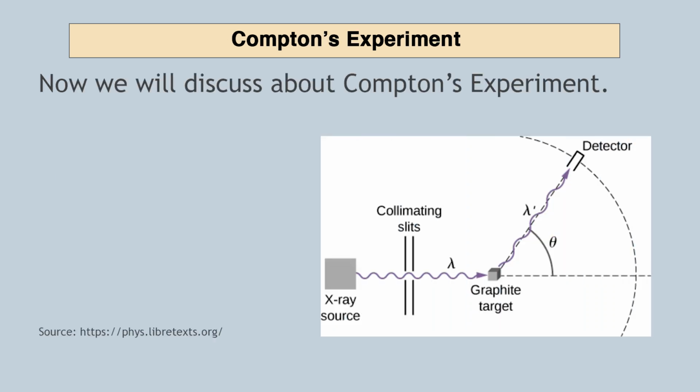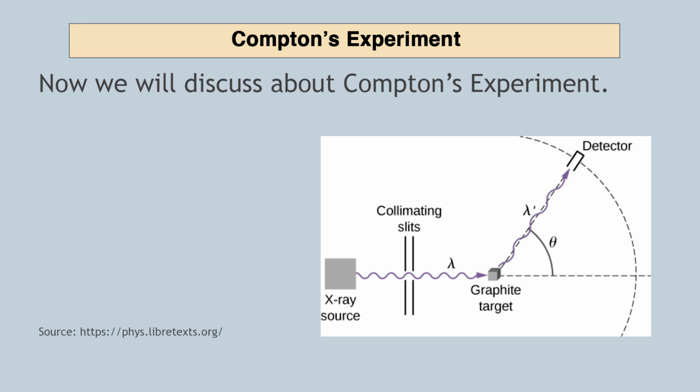Now we will discuss the Compton experiment. The schematic of Compton's experiment setup is shown in the figure. The idea of the experiment is very simple. Monochromatic X-rays of wavelength lambda naught are incident on a sample of graphite, which is known as the target, where they interact with the atoms in the target sample.